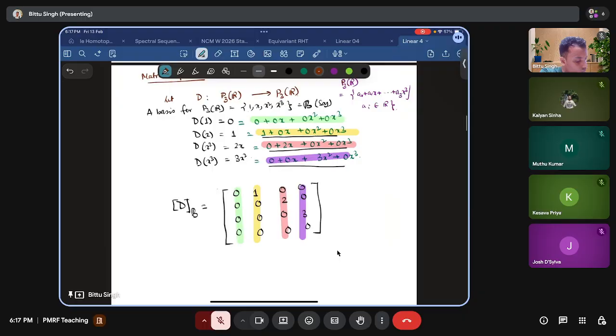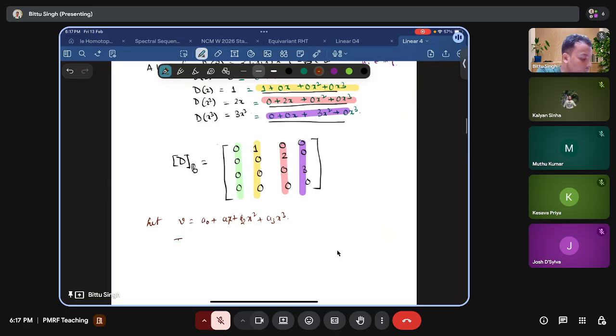So suppose v equals a0 plus a1x plus a2x squared plus a3x cubed. Then Tv. Here the coordinate of v with respect to B is a0, a1, a2, a3.